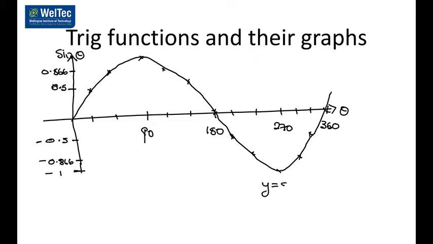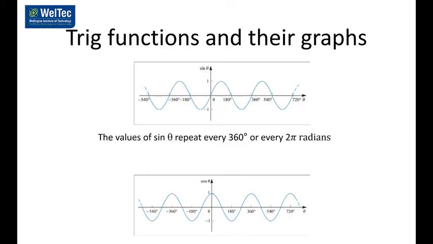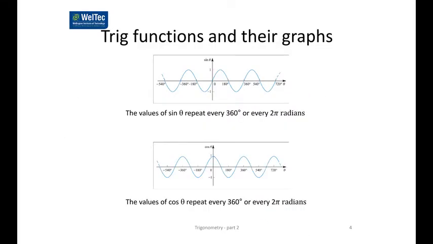So this is the graph of y equals sine theta. Now, it doesn't stop at 360. The top curve here is showing the sine curve going as far to the right as we choose, or as far to the left, and it just repeats itself over and over.